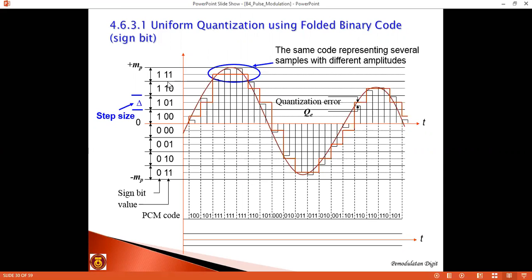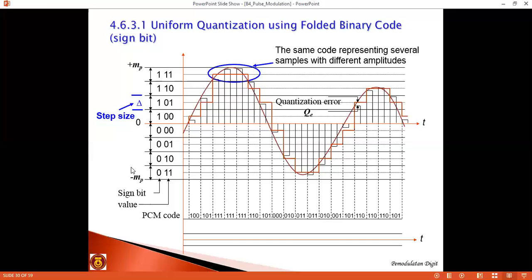So the next one is folded binary code. The previous one that I explained is the non-folded binary code, or just normal uniform quantization. There's another type of uniform quantization known as folded binary code. The main difference here is that we have a sign bit at the beginning of our code. So this most significant bit, MSB, over here represents our sign bit.